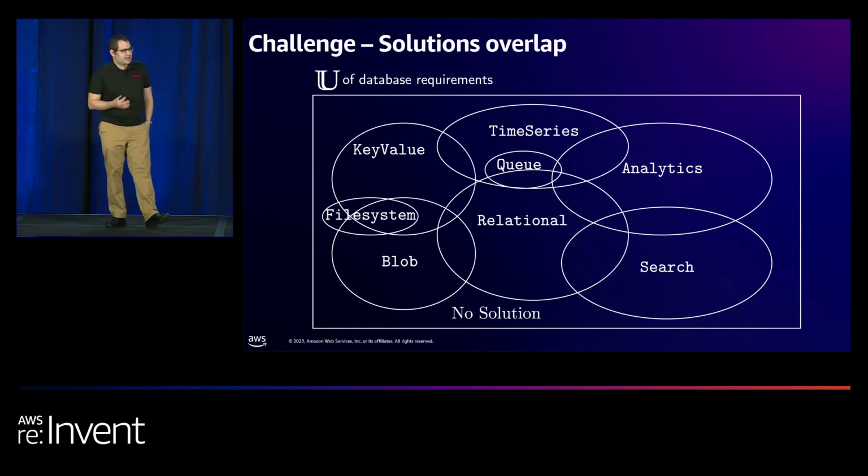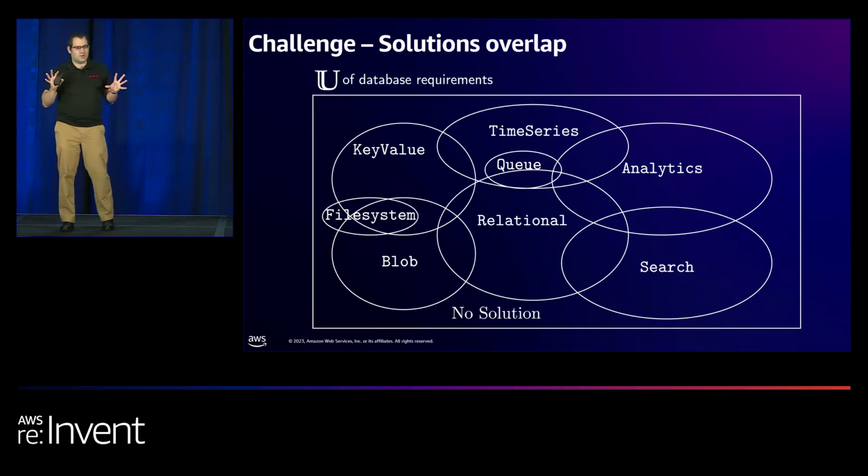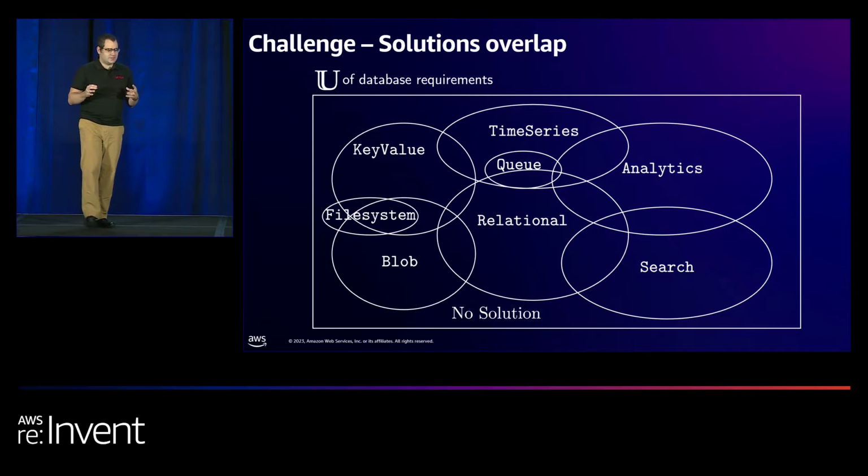But it's more than just scale. It's also that the solutions that you can use to solve problems overlap. So I like to talk about this like universe of database requirements. At Netflix, we have lots of microservices. Those microservices have some requirements, and those requirements fit in this kind of picture. And you'll notice that the different solutions, like a key value store or a relational store or a blob store, they overlap.